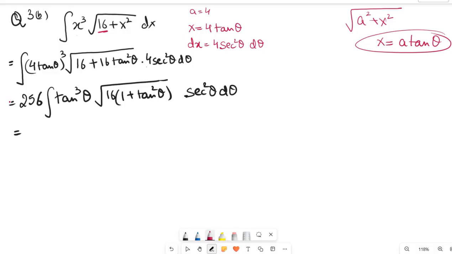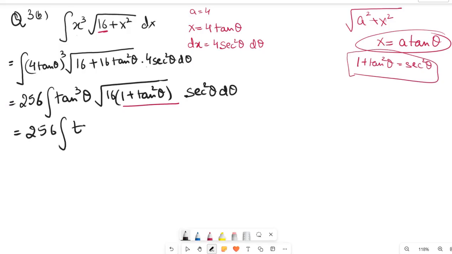You guys notice this 1 plus tangent square theta basically can be replaced by secant square theta using our trigonometric identities. 256 integral tangent cube theta.